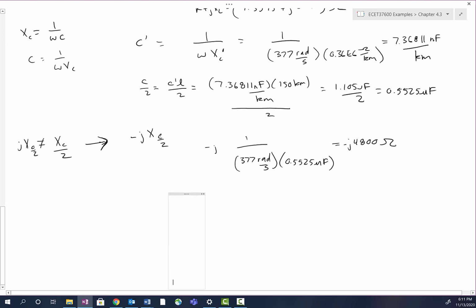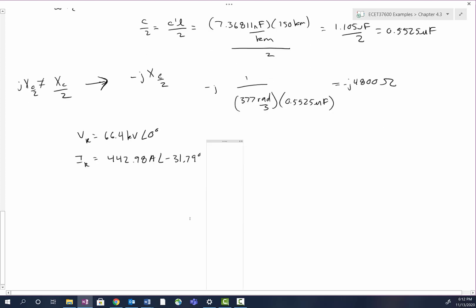So I'll just remind you that the receiving end voltage we calculated in part A was 66.4 kV at an angle of 0 degrees, and the current going to the load we calculated from the power, and we got 442.98 amps, and it was a lagging minus 31.79 degrees. So that is our values.